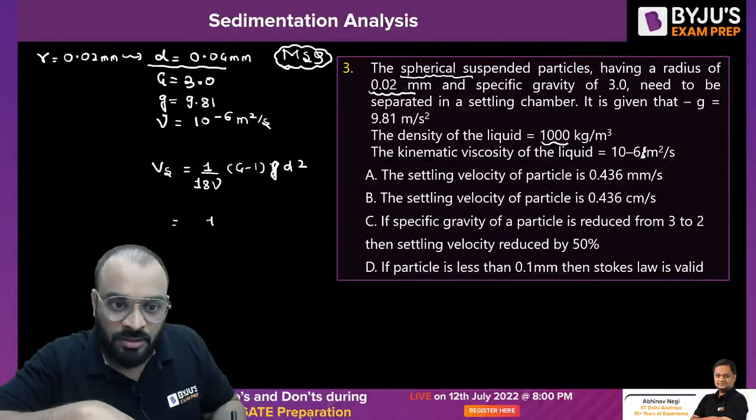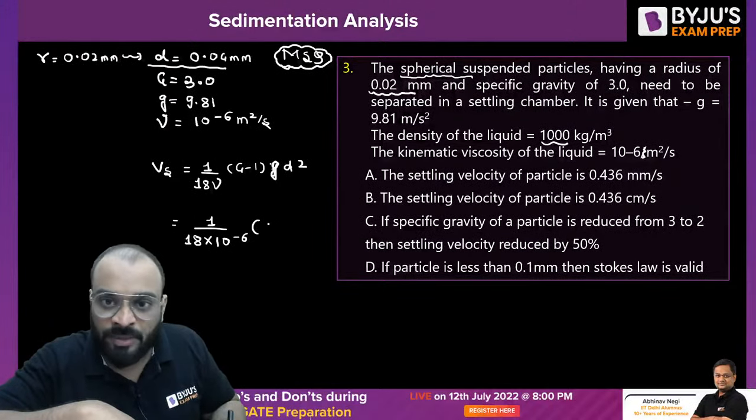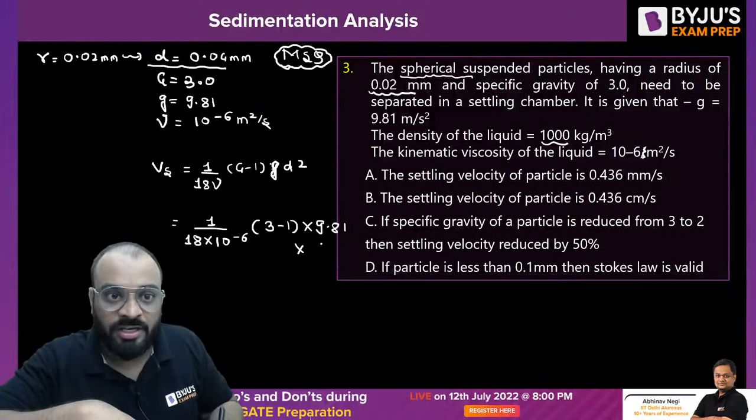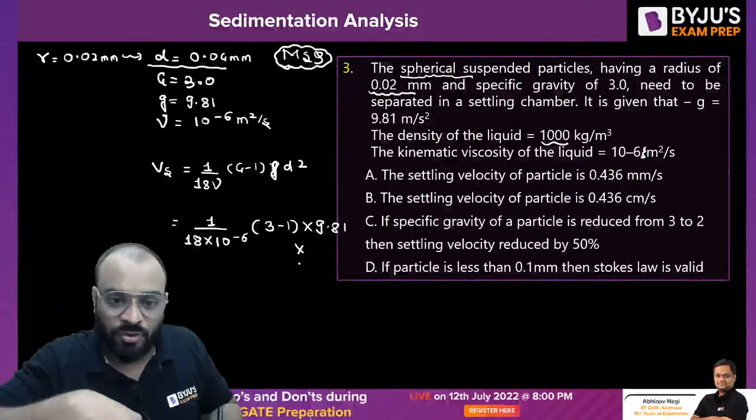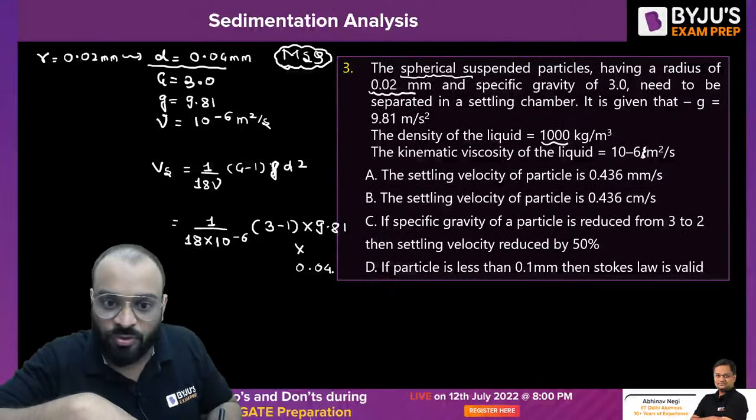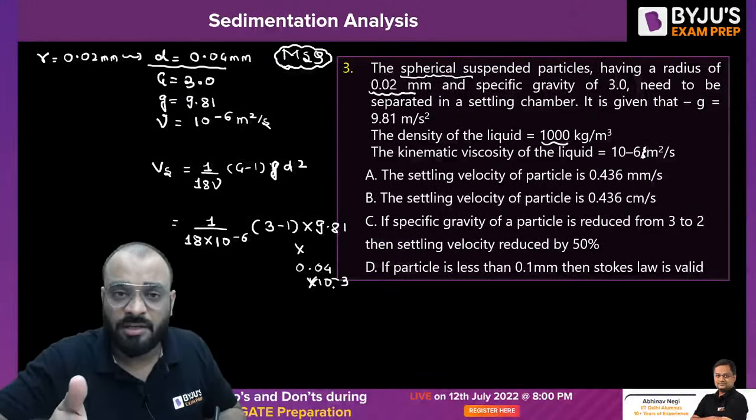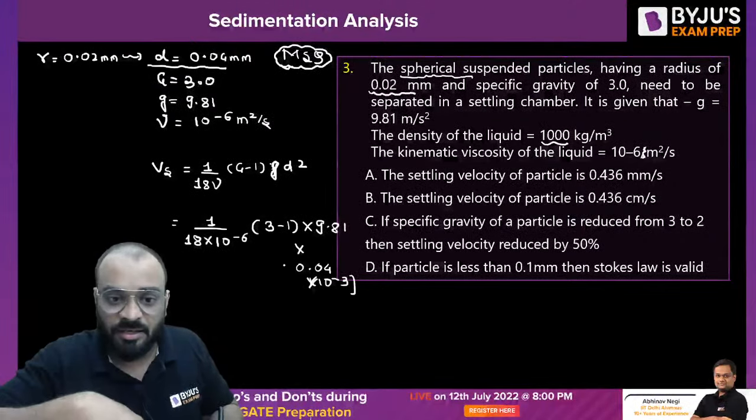Clear? Now 1 by 18 nu, nu means kinematic viscosity 10⁻⁶, bracket G is 3 minus 1, small g is 9.81 multiplied by d square. D is 0.04 multiplied by 10⁻³, because I want to convert the mm into meter, and put it square. You will get your answer.